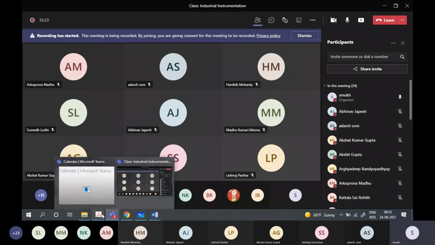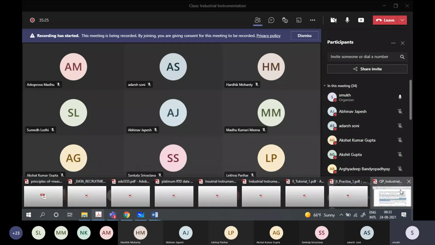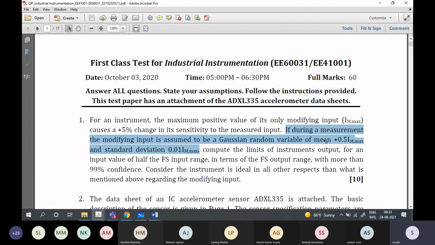So now we are here. We got a maximum value of IM that can occur under this measurement situation. It will be 0.53 IM max. Now it says compute the limits of instrument output for an input value of half the full scale input range in terms of the full scale output range with more than 99% confidence.